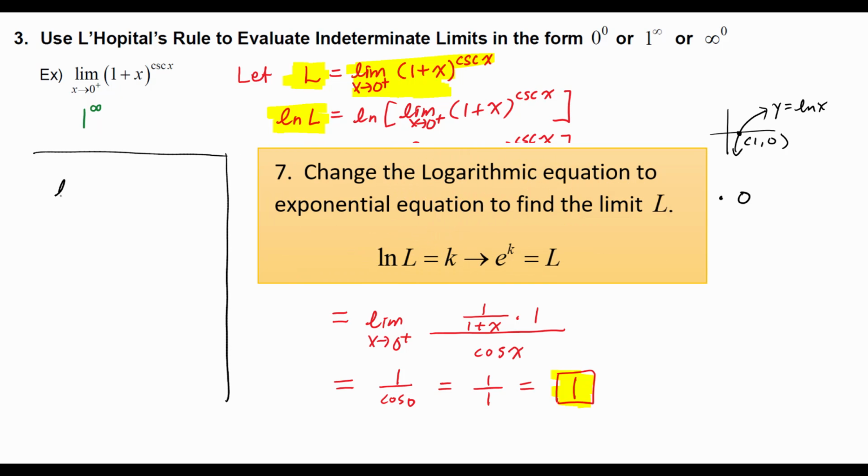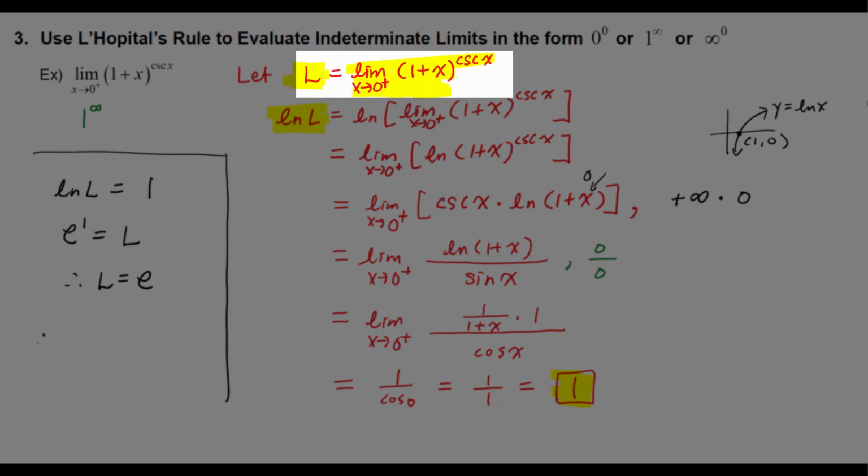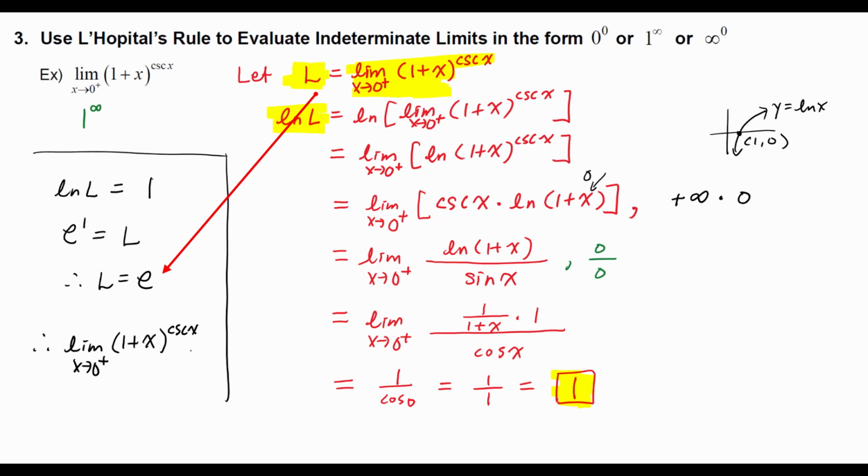Then I have ln L equals 1, and the base for ln is e, so that's e to the first power equals L. So your L is e, and you can conclude now that the limit as x approaches 0 from the right of 1 plus x to the cosecant x is equal to e. And here is your answer.